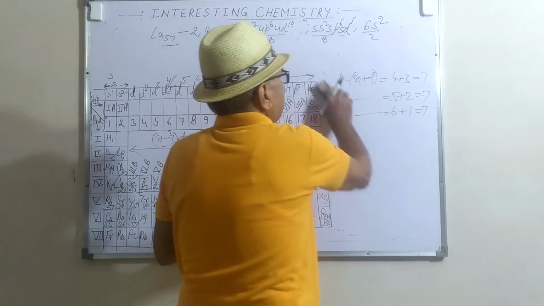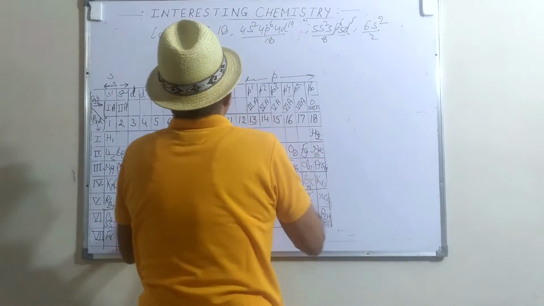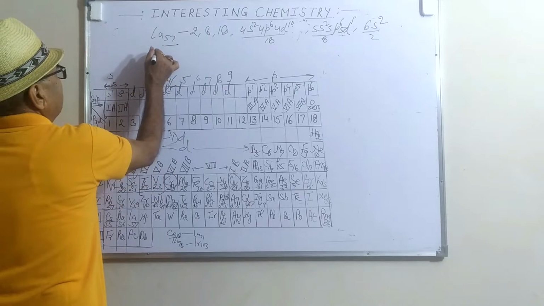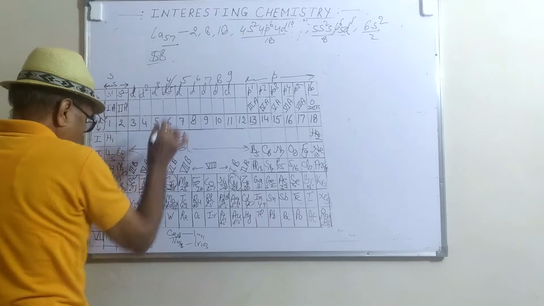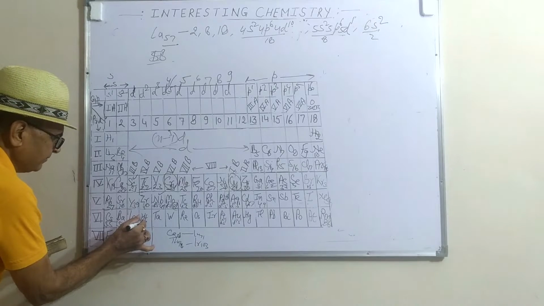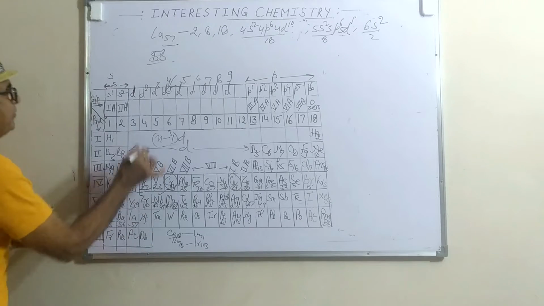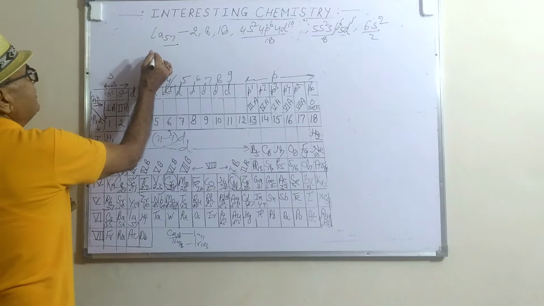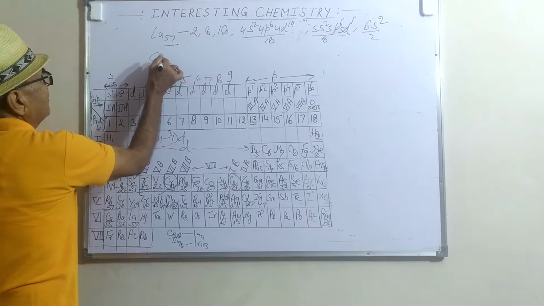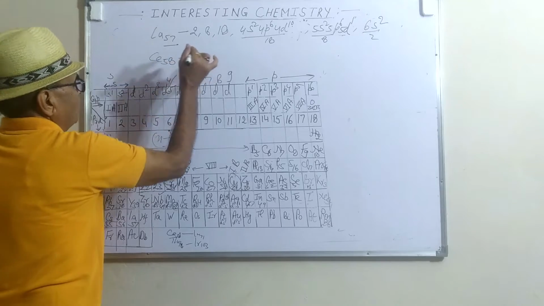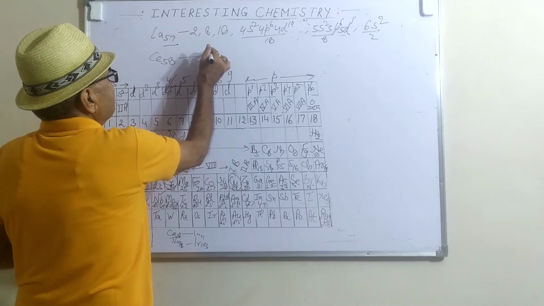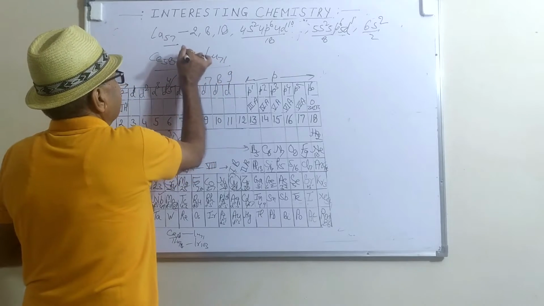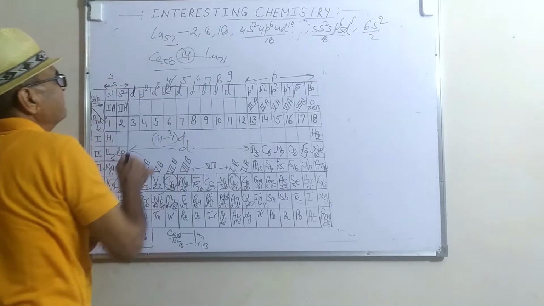From lanthanum 57 to the next, the 58th, you will not find the same thing happening. After lanthanum 57, from cerium 58 to lutetium 71, there are 14 elements.